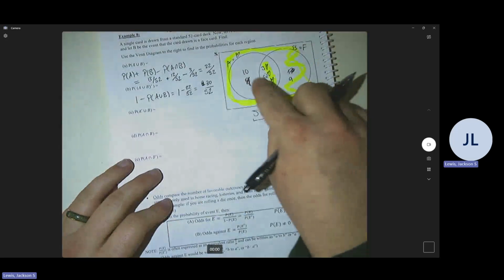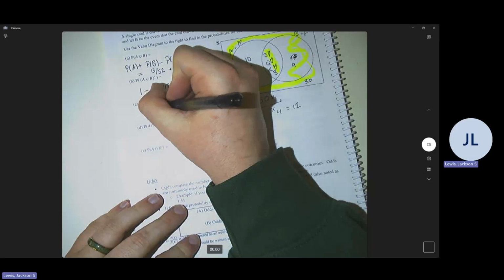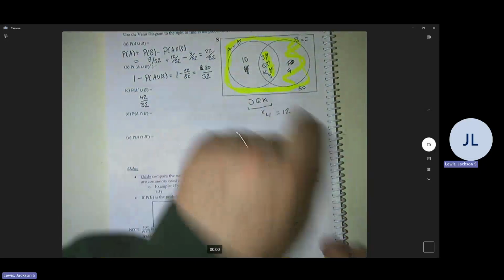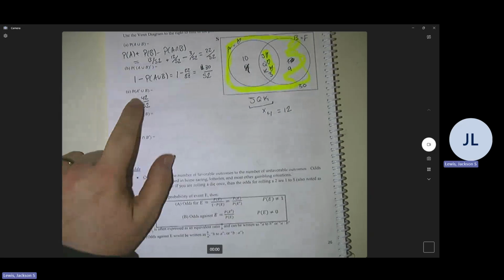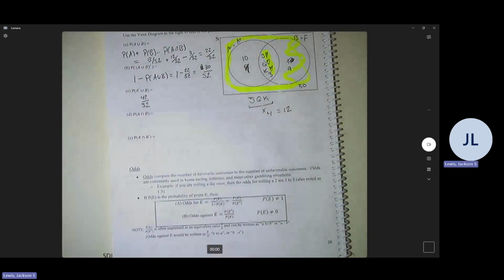And so that's going to be everything but these 10 cards by themselves. So 42 over 52. And again, I found that just from doing, I can shade my Venn diagram, or I can realize what this is saying. Anything that is not a heart or is a face card. So that's putting those two together.